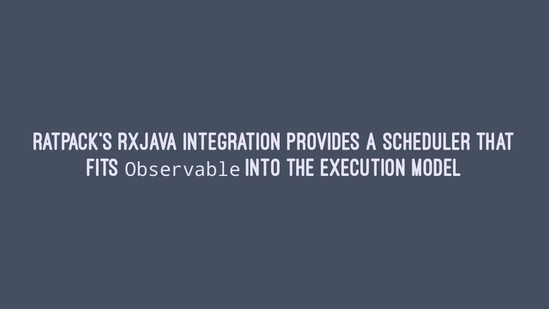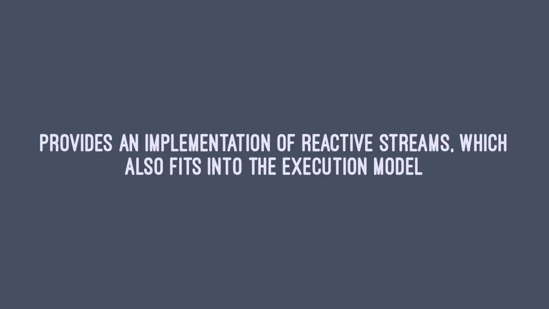And what Ratpack does is it provides a scheduler to RxJava so that anytime you're using an observable in the context of your application, it'll know that that observable is the effective equivalent of a promise type, and it'll know to delimit the execution according to whatever you're doing inside of that observable work. So you get that guaranteed determinism in your asynchronous work without having to change your coding style at all.